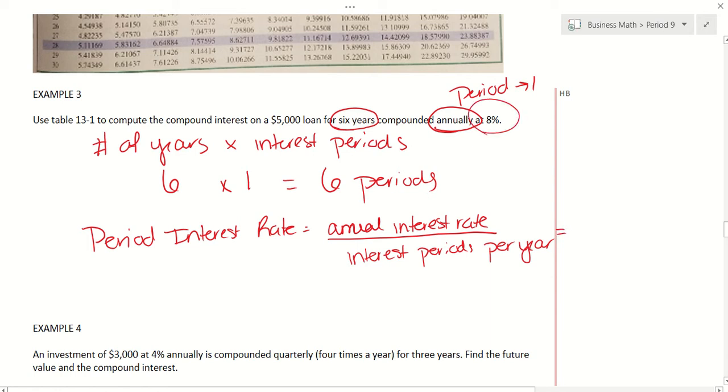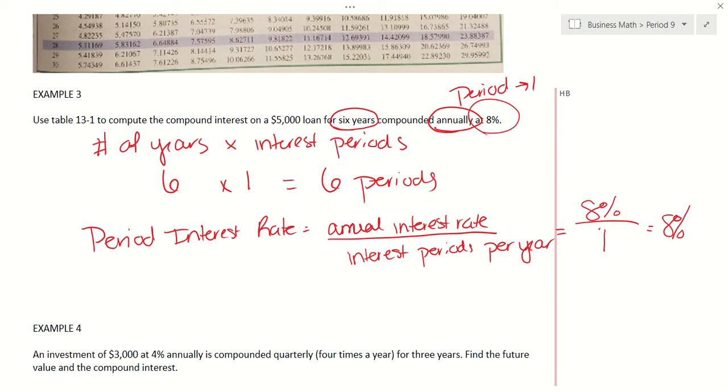Up here, 8%, over how many interest periods per year in this case? We found 6 periods total, so how many periods per year are there? Oops, sorry, it is 1. There's only 1 because it's annually. So our rate stays at 8% in this case. It does not change because we're only doing 1 period per year because it's annually.